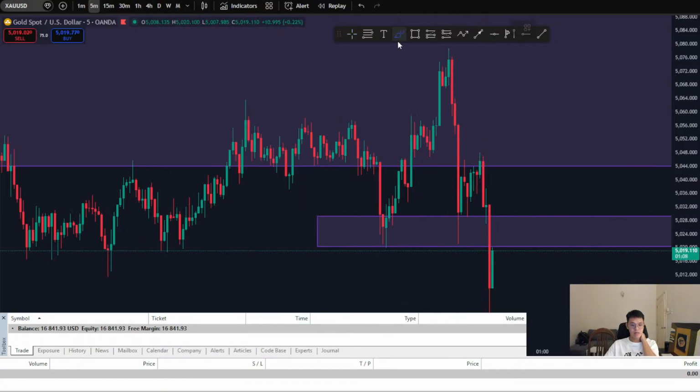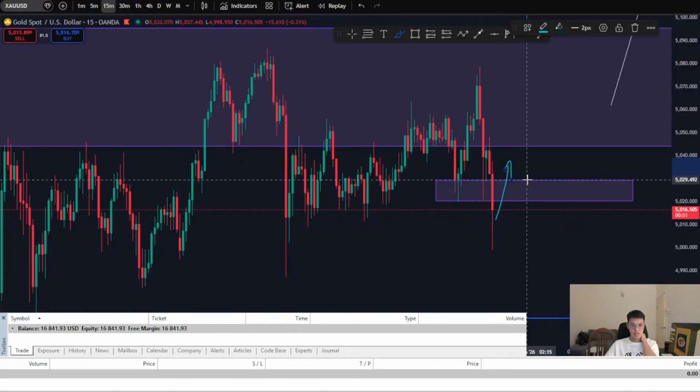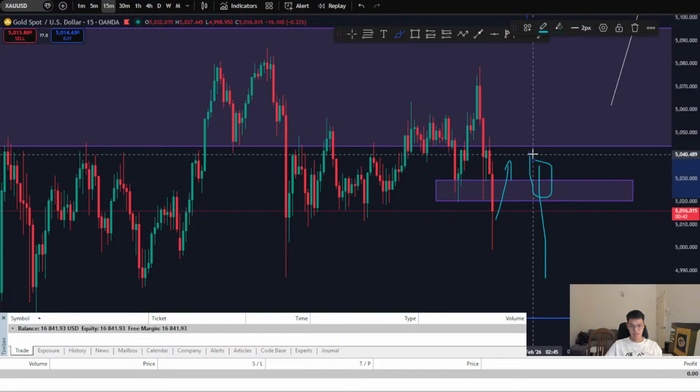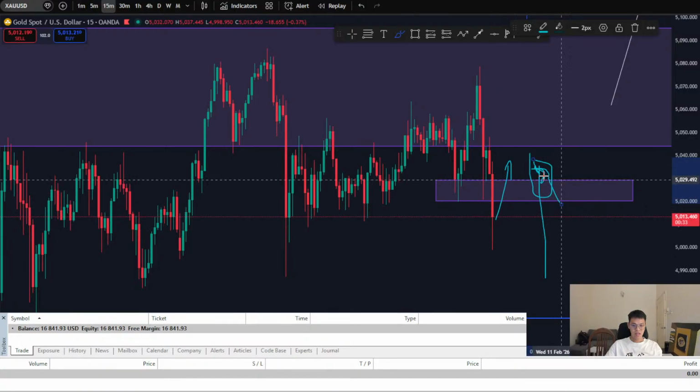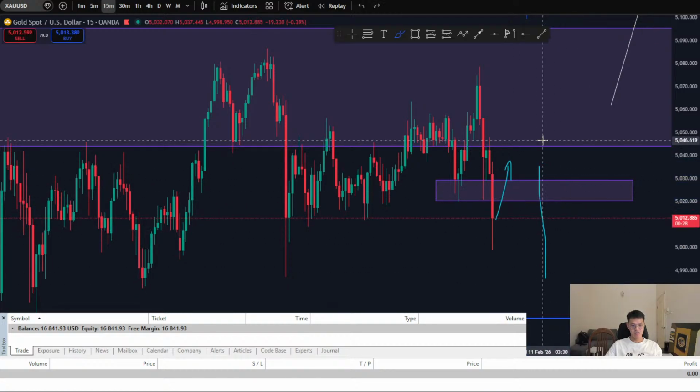So if the price stands up, which means the price keeps rising and stays above this level, then in the 15-minute chart you will see a long wick, something like this. Here's the body of the candle, and then a long wick, something like this kind of pattern, okay. So this is what I call the fake breakout.